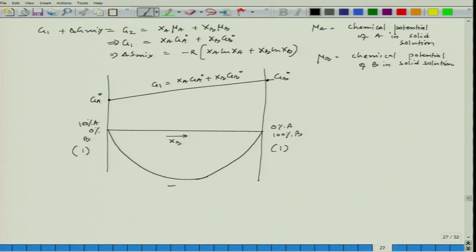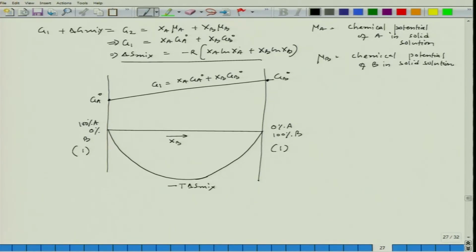This would become minus T del S mix, because del S mix, if I consider this particular thing, these are fraction, so it will be negative, and there is a negative term, so it would become positive. So, del S mix is always positive, but if I multiply with the minus T del S mix, it would become negative.